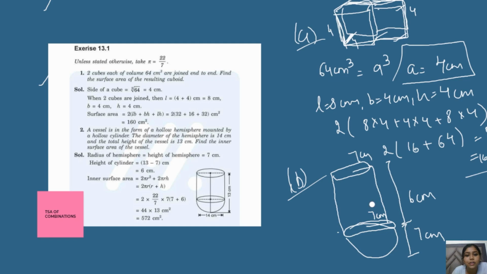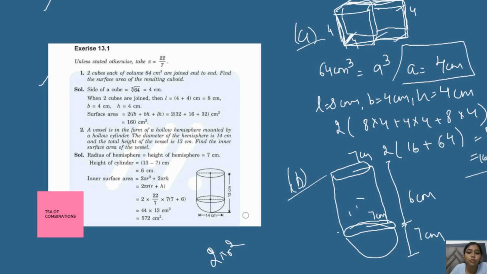So first of all, for the inner surface area, we have to add both surface areas, like the surface area of this, that will be 2 pi r squared. We are not writing the total surface area of the hemisphere because the hemisphere is hollow. It means there is no base for the hemisphere. That means we have to take the curved surface, right? And in this case also it is hollow, so we have to take the curved surface only.